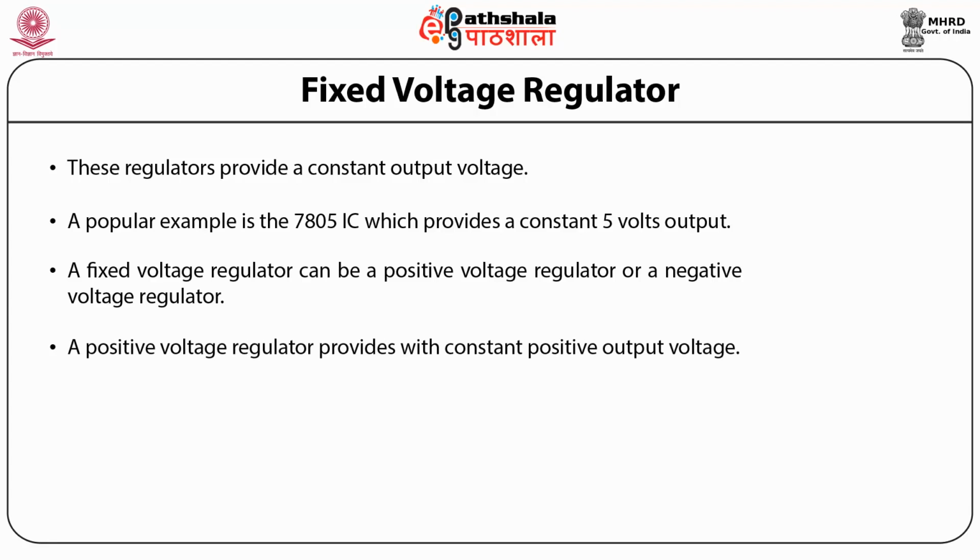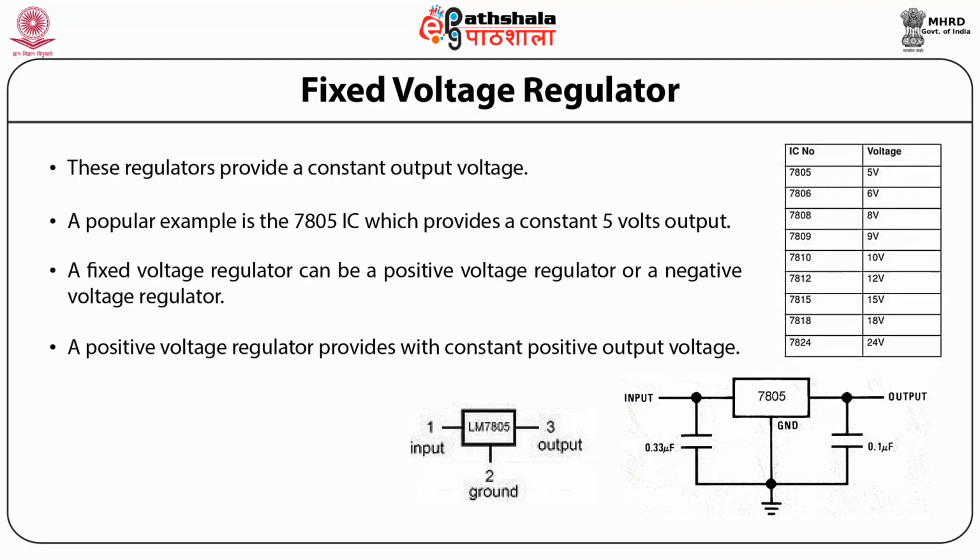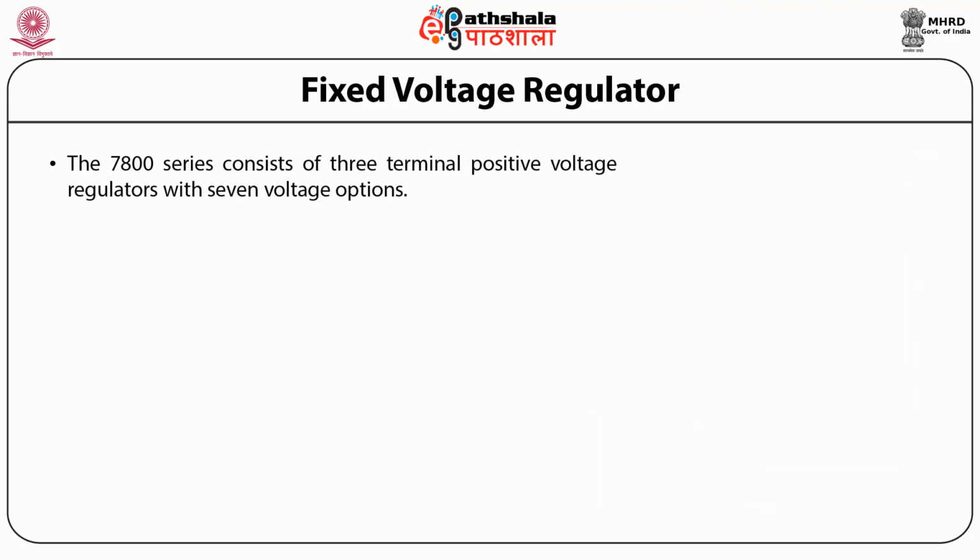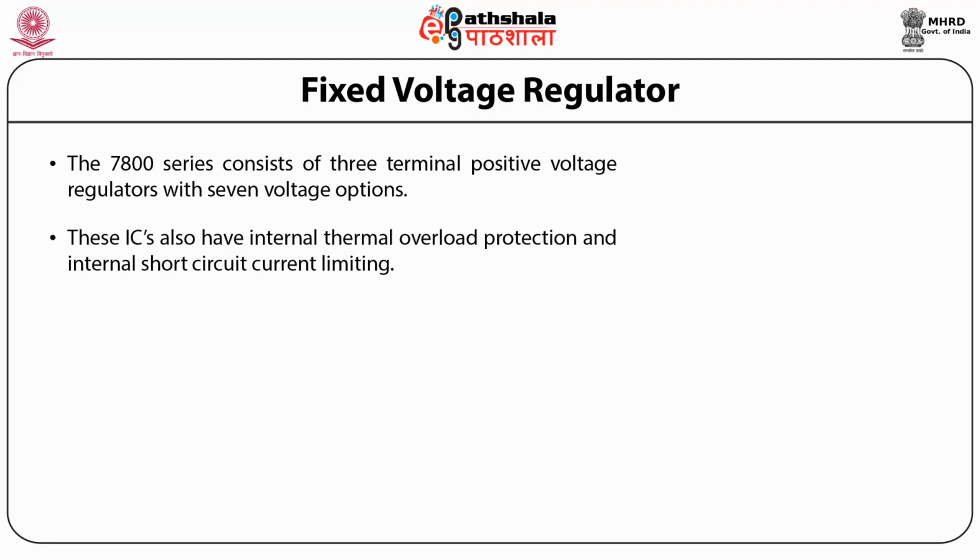A positive voltage regulator provides a constant positive output voltage. This table provides the corresponding voltages provided by the corresponding IC. Here the 7800 series consists of 3-terminal positive voltage regulators with 7 voltage options. These ICs also have internal thermal overload protection and internal short circuit current limiting.